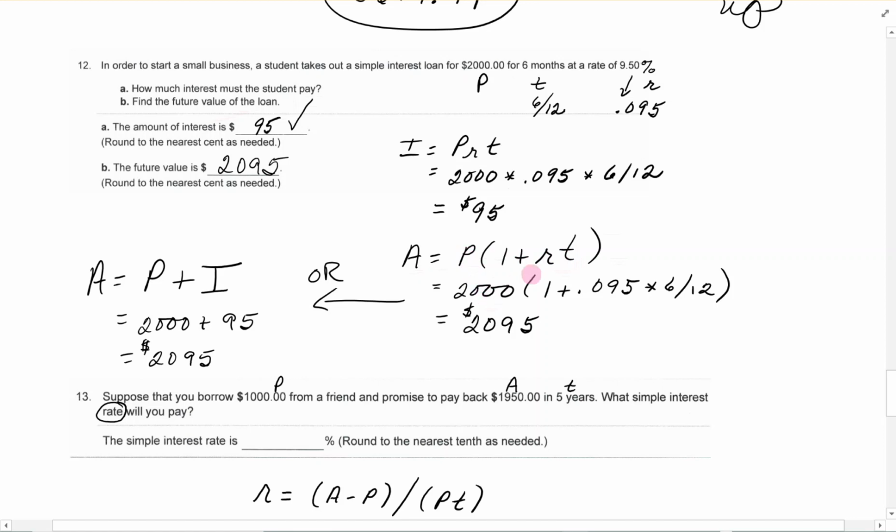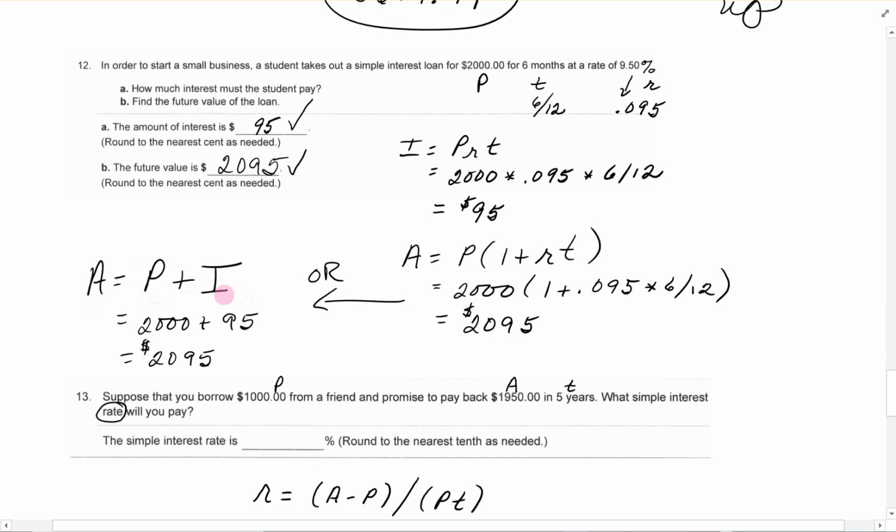Principal, 2,000, open parentheses, 1 plus 0.095 times 6 divided by 12, and you will get $2,095. But you might remember from our earliest discussion that the future value is the principal plus the interest.